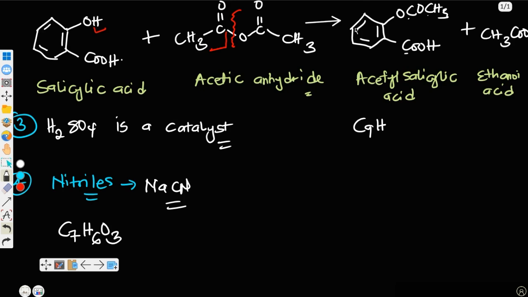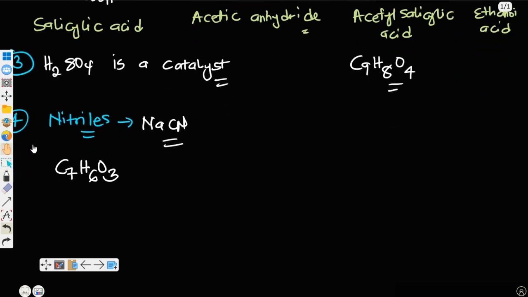So you are going to have 1, 2, 3, 4, plus 3 here, making it 7, plus 1 here, making it 8. So that will be C9H8. How many oxygen? 1, 2, 3, 4. O4. Which is acetylsalicylic acid. So this is salicylic acid. This is acetylsalicylic acid.